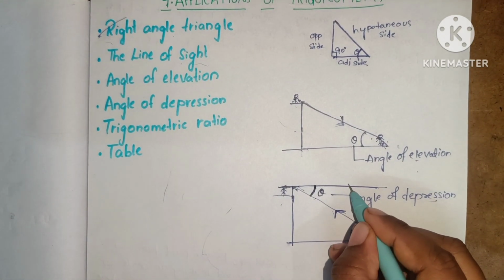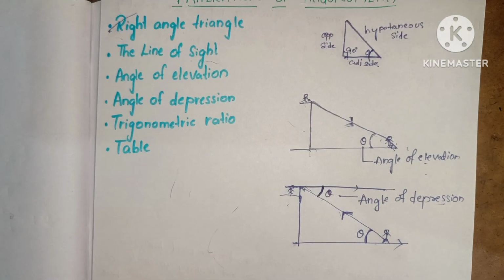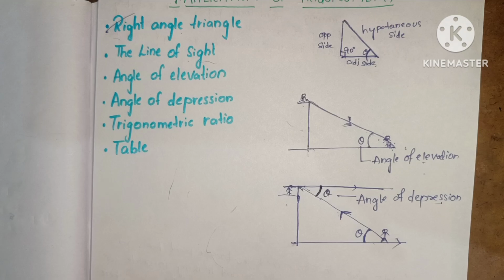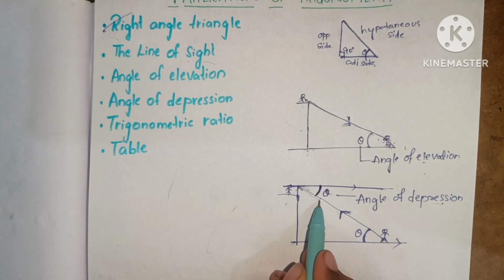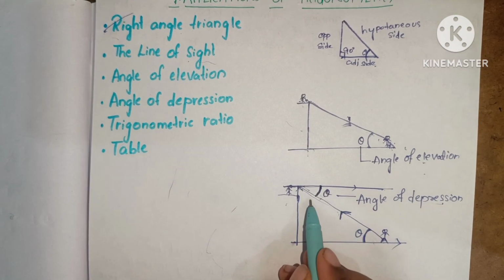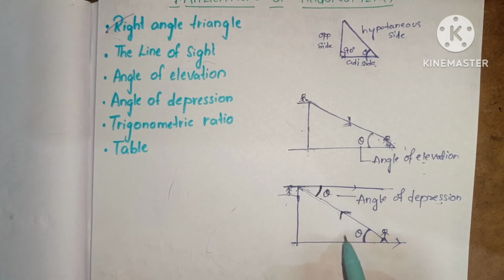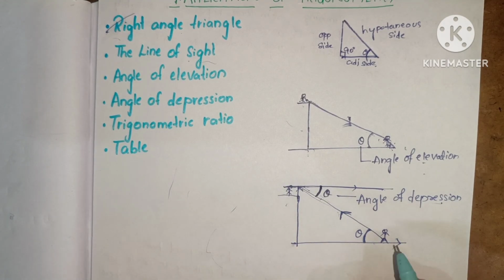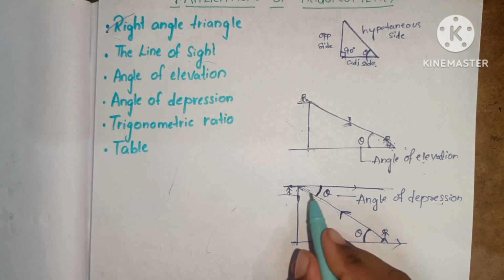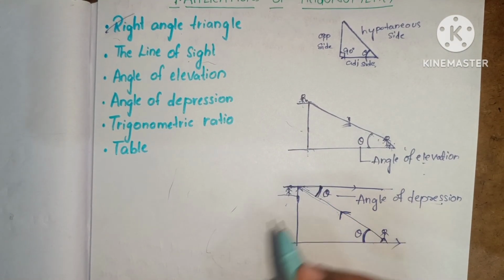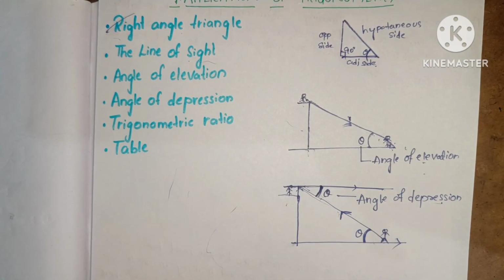Because you know these two are parallel lines, the road and the horizontal line which you drew from the observer, and this one is nothing but a transversal line. Transversal line means the line which intersects two parallel lines.